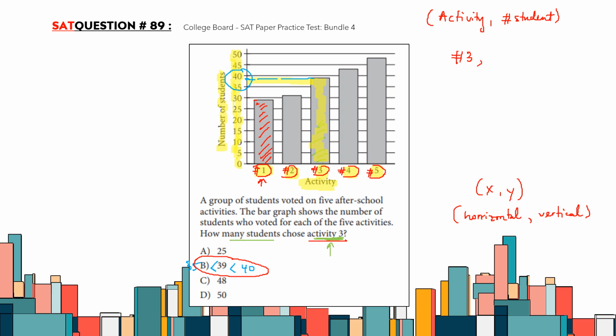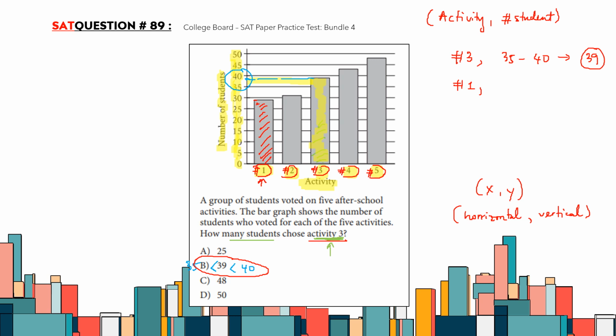So the range for activity number 3 is from 35 to 40. In this case, they give you the choice 39. That's correct. If they say 38, it's no problem, since this one is not to scale, they don't say whether it's in scale or not.